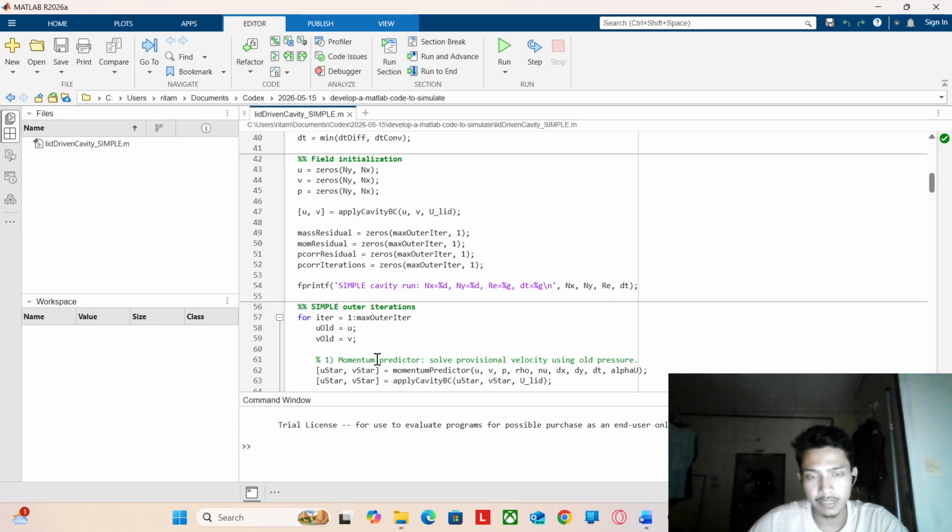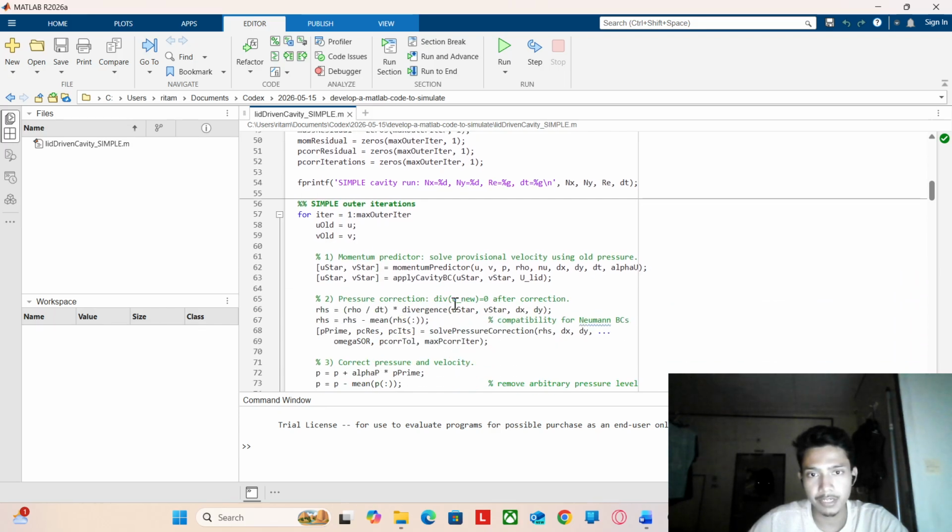Then u star, v star equal to momentum predictor u, v, p, rho, nu, dx, dy, dt, alpha u. u star, v star equal to apply cavity bc u star, v star, U lid. Here provisional velocities are calculated using the old pressure field.